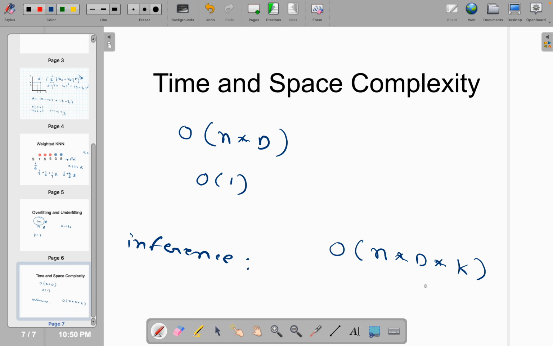If we optimize this, we can remove this k, but still the time complexity will be n star d, right? So the major drawback of KNN is its time complexity and space complexity. As your dataset increases, your time and space complexity also increase.